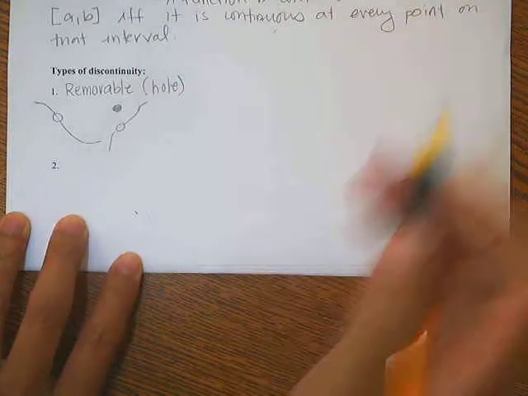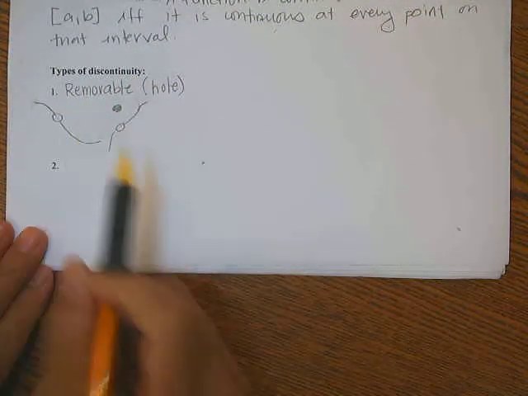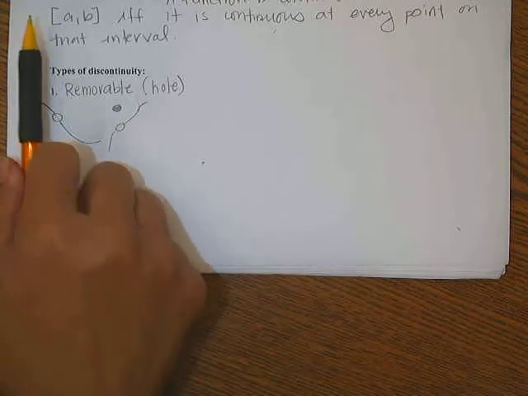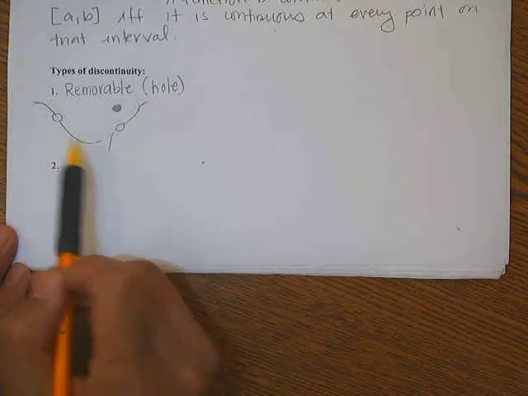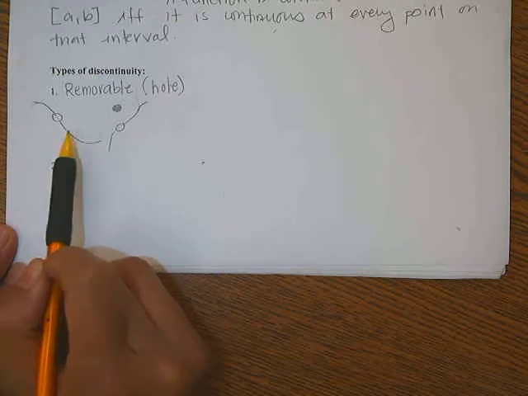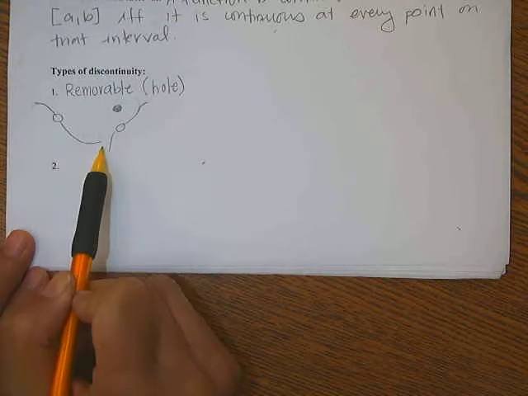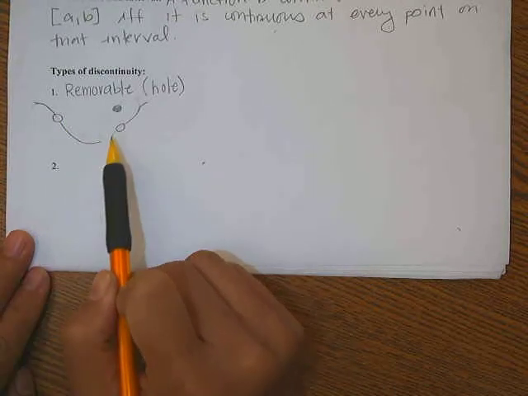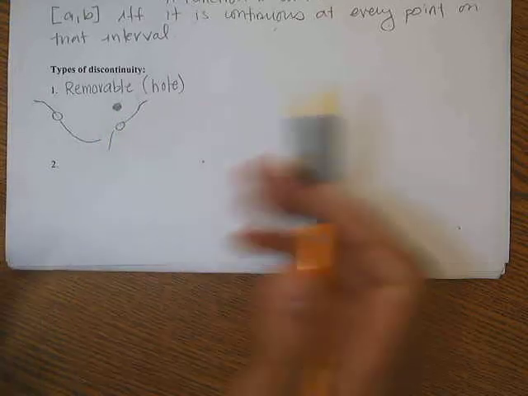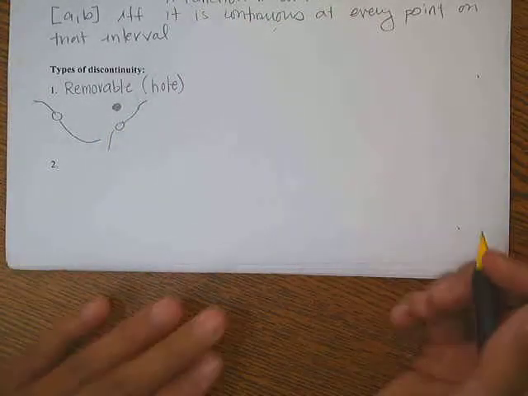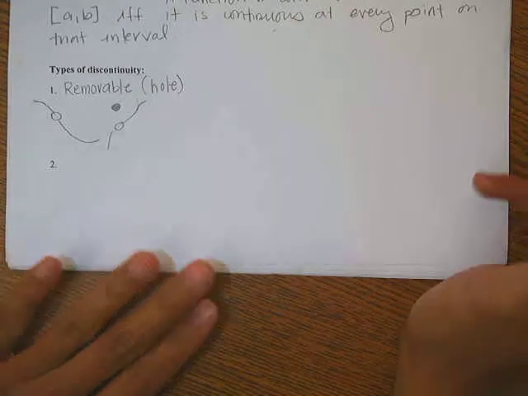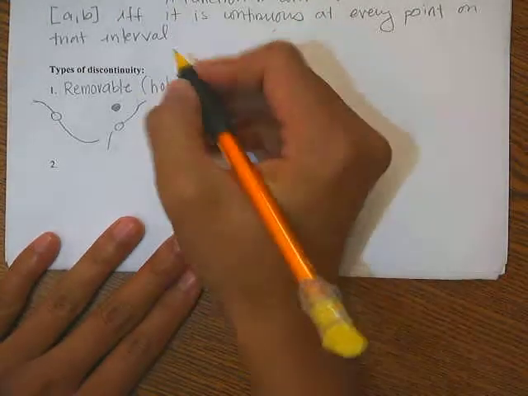These are just sketches. This is a function, even though it's not continuous. It's continuous from here to here. This is a hole, and a hole is sometimes removable, not always.